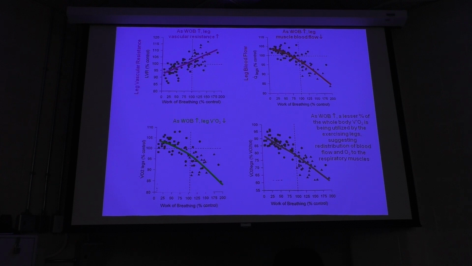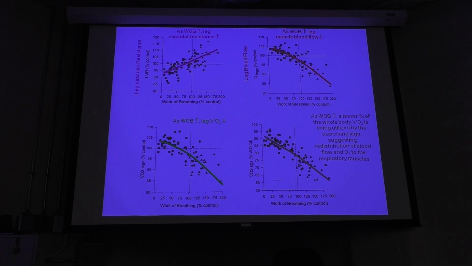So again, this is another step to add on to that hypothesis that loading the respiratory muscles, or even the changes in the work of breathing going from 100 to below, unloading the system, are physiologically the most important, right?